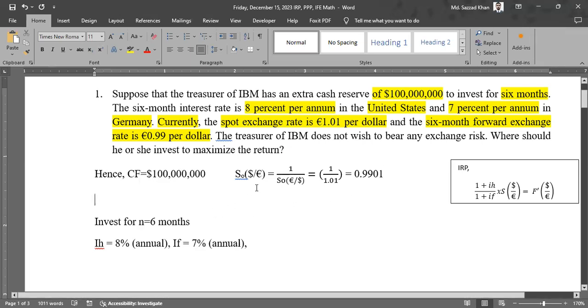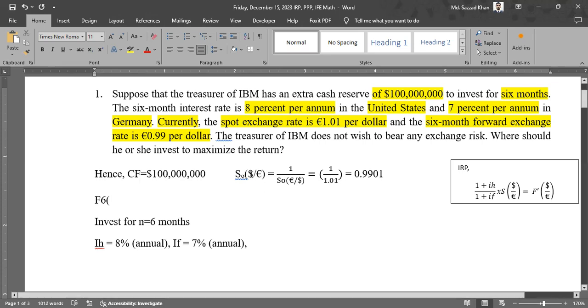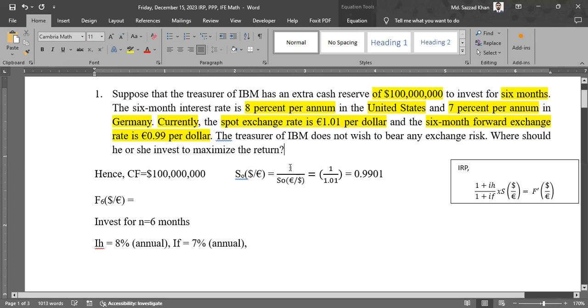Then what else is given? 6-month forward rate. The forward for 6. In which form? It is in euro by dollar form, isn't it? Same thing will repeat, okay?